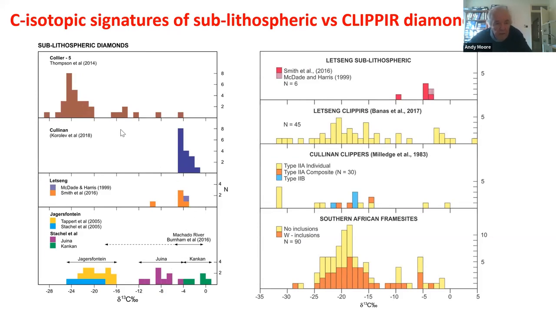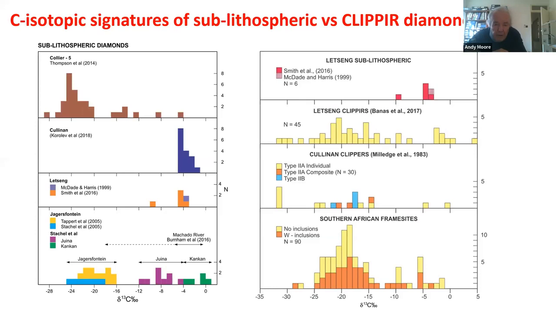These ones are perhaps more similar, but the peaks up at, what's this, -24. So collectively, the sublithospheric population does cover a wide range, but at individual localities, these look very different.